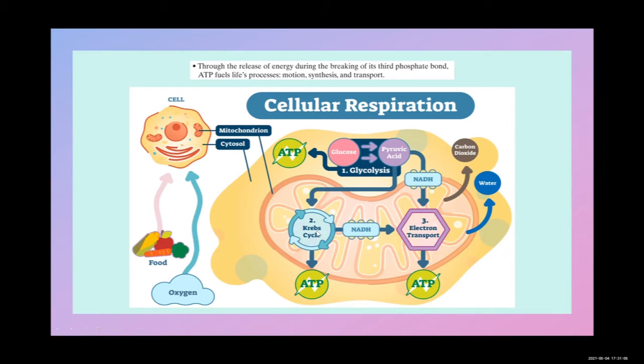But you have a Krebs cycle, and then glycolysis, and then electron transport. Basically, you're going to take in your glucose, it's going to change to pyruvic acid. That's going to come down here. You're going to have a Krebs cycle going on, which we'll learn about next year. And then you get electron transport, carbon dioxide going out of the cell, water going out of the cell, and these little guys, ATP, being produced. And those are your little sources of energy.